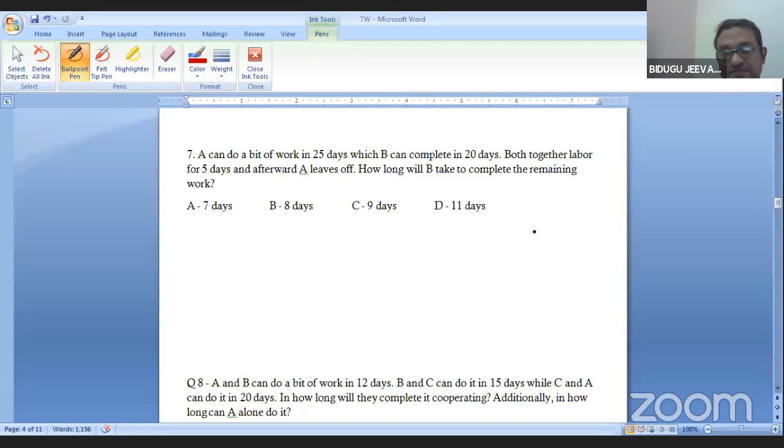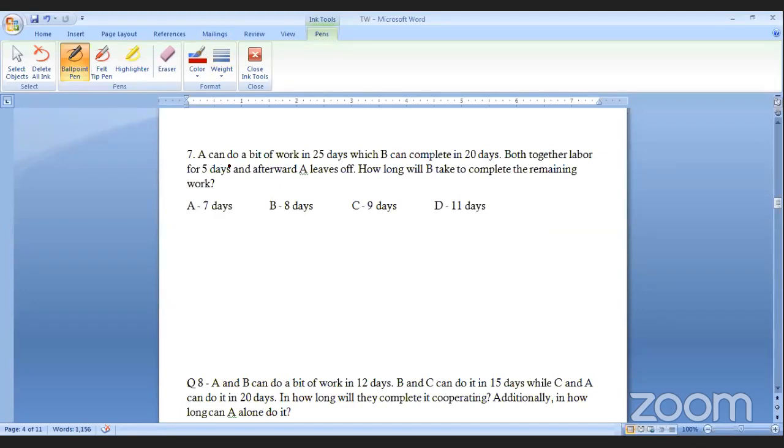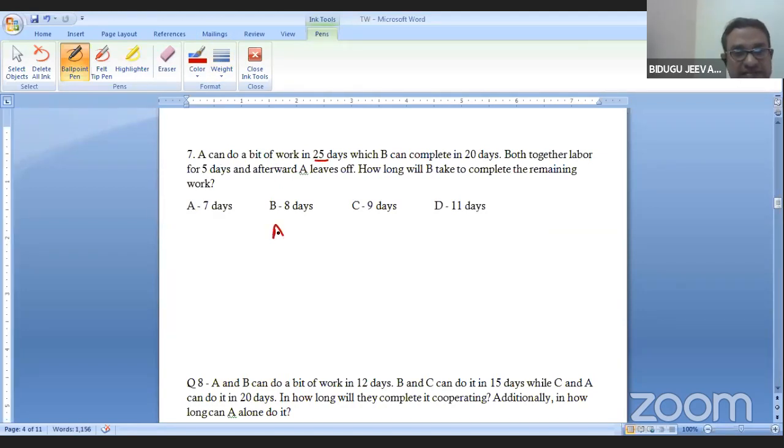Question number 7. A can do a piece of work in 25 days. Which means the same work. B can complete it in 20 days. So I'll also write B's capacity, which is given.